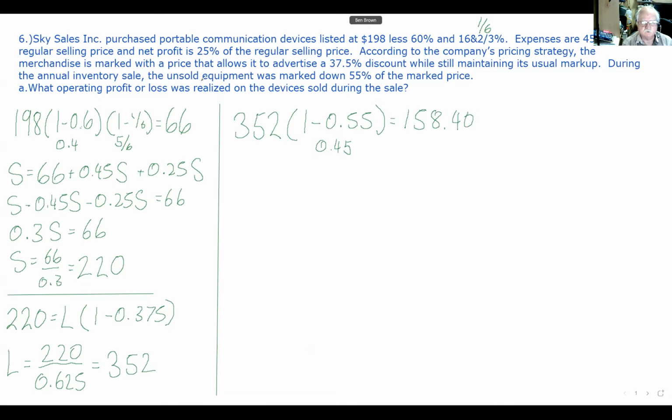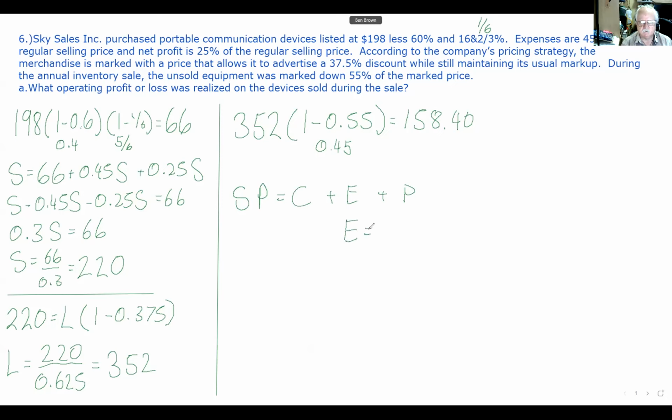So what was the profit or loss? Again, we're going for S equals C plus E plus P, but they don't want us to use the regular selling price. They want us to use the sale price equals the cost plus the expenses plus the profit. And the expenses are still based on the regular selling price.